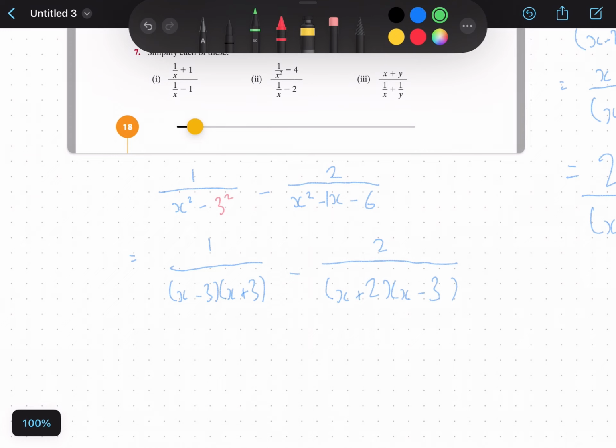So looking at my two denominators, I've got x minus 3, x plus 3, x plus 2, x minus 3. So the x minus 3 is repeated. So the common denominator here is not going to be x minus 3 by x plus 3 by x plus 2 by x minus 3. It is fine to just have x minus 3 by x plus 3 by x plus 2. So let's use that as my common denominator.